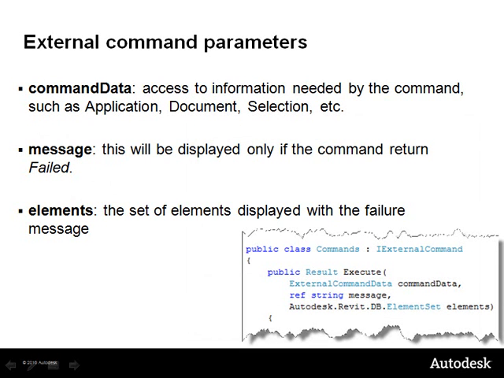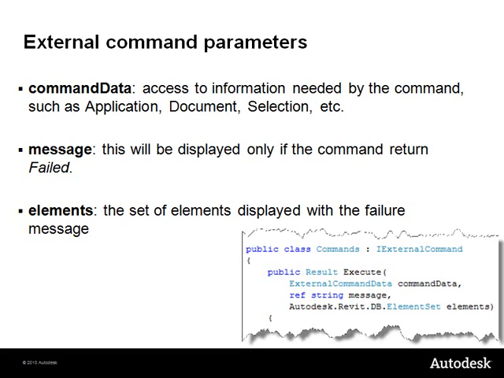Any external command receives one input, command data, and two outputs, message and elements. The command data allows access to all data we need in our command. There are two main properties, application and view. The first contains the active document with used methods and properties, such as elements and selection properties, and geometry and family related methods.